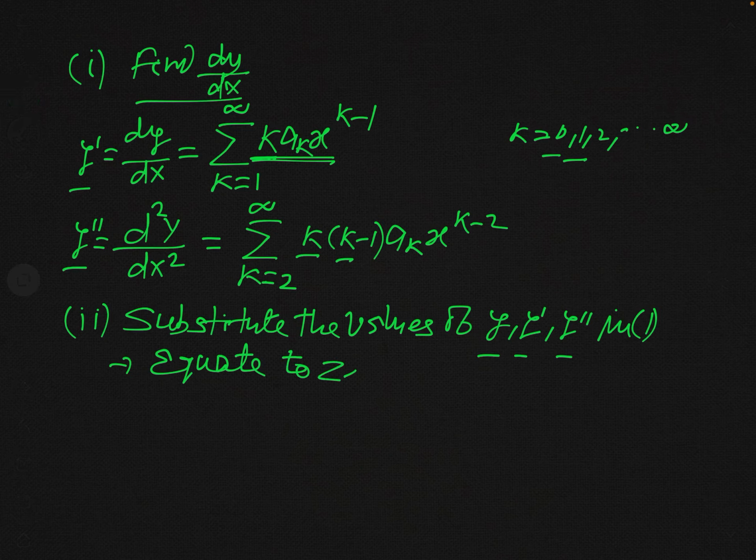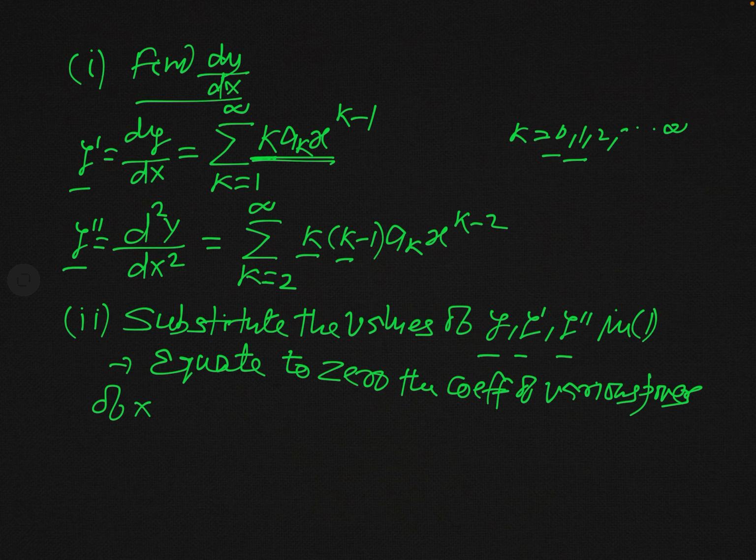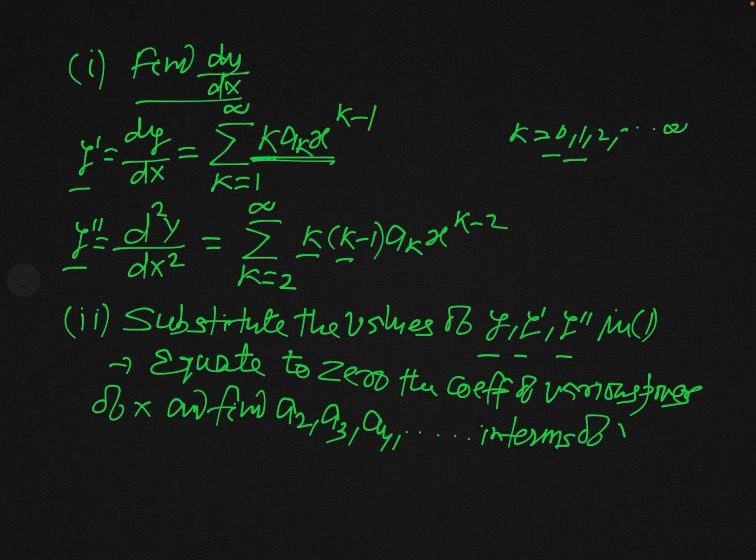So equate to 0 the coefficients of various powers of x and find a2, a3, a4, and so on in terms of a0 and a1.